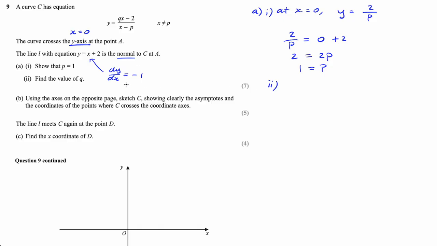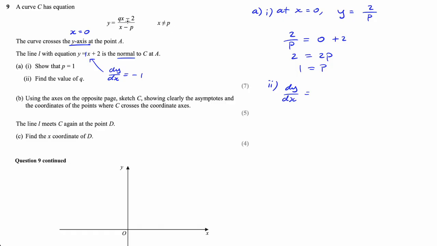So look at this. If the gradient of the normal is 1, the gradient of the graph is -1. So I'm going to get dy dx. Dy dx is equal to, it's a quotient rule, guys.